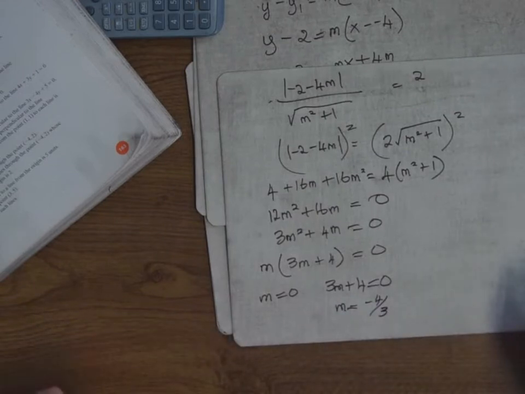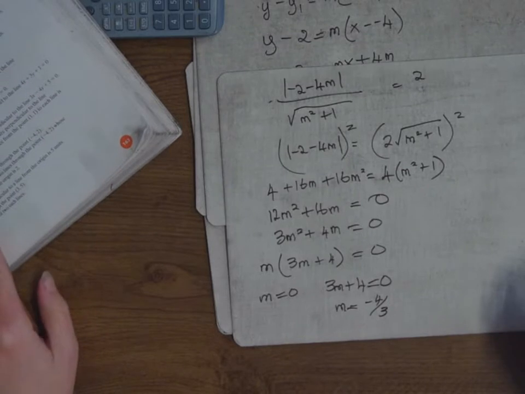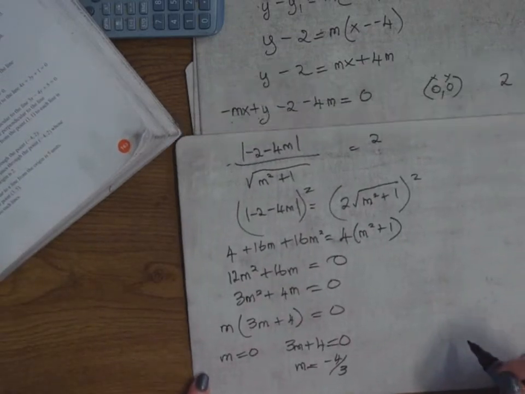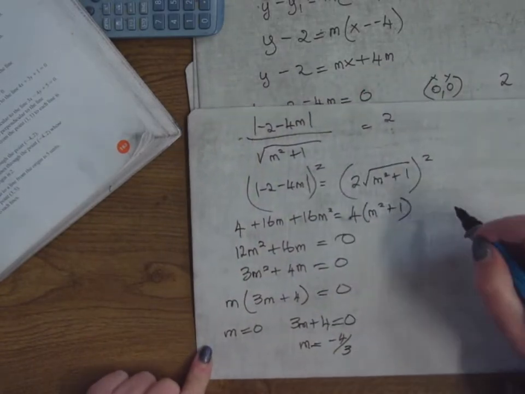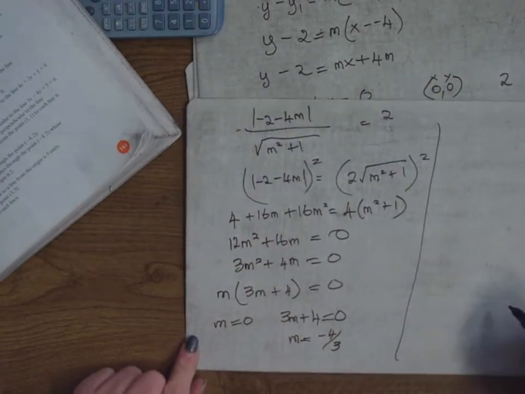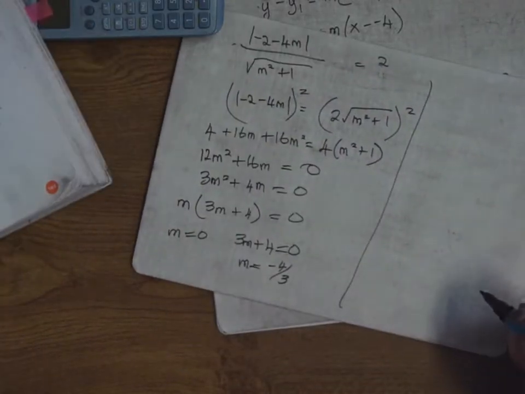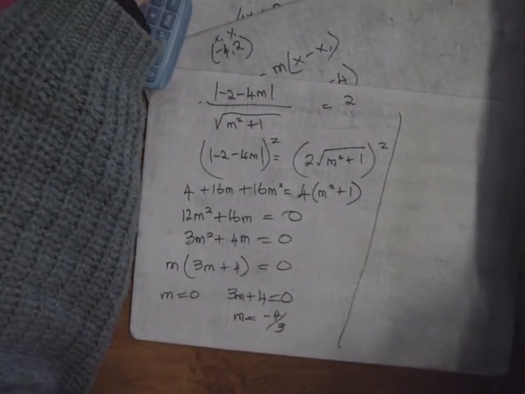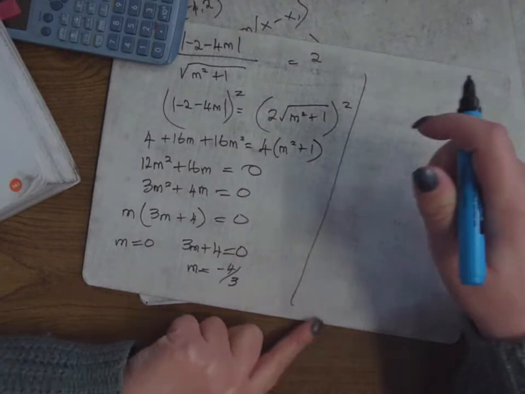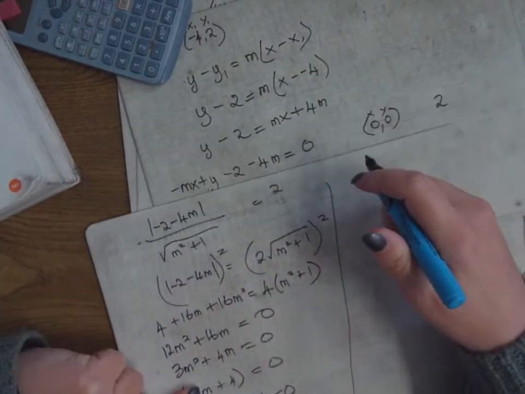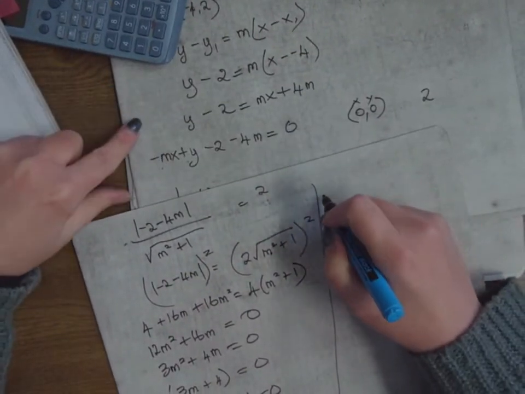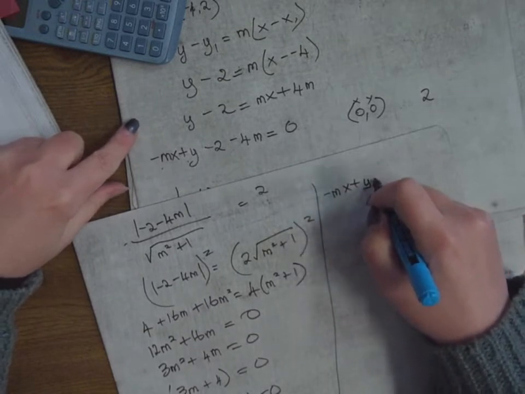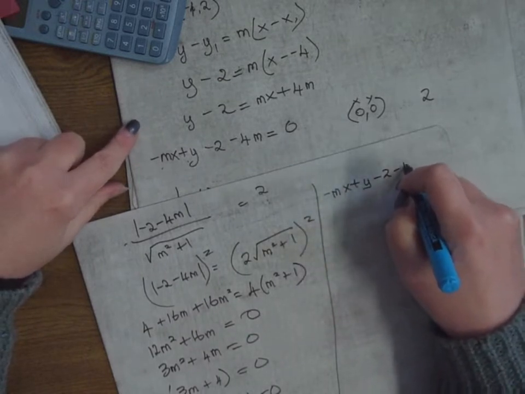So I have two values for the slope. Now they asked me for the equations of the lines. So all I have to do is go back to my general equation here. So my general equation was minus mx plus y minus 2 minus 4m equals 0.